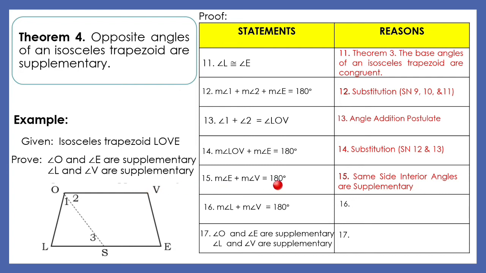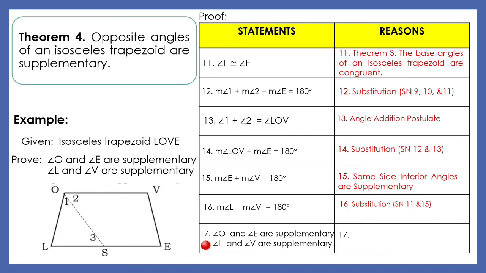So, from statement number 15, we have measure of angle E plus measure of angle V equals 180 degrees. So, sinubstitute natin yung angle L is congruent to angle E. So, yung angle E natin ay naging measure of angle L. So, ang reason natin for statement 16 is by substitution from statement number 11 and 15.